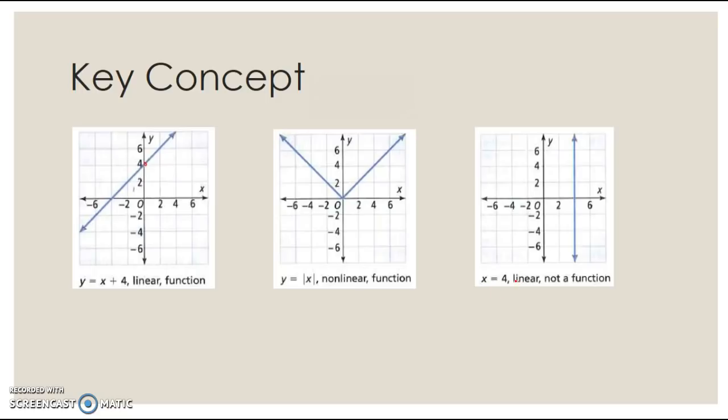So it is linear because it is a line, but it's not a function because the x values have more than one y value. Remember, we could look either at the table or at the graph, and if we look at the graph, it should pass our vertical line test. Well, if I draw a vertical line on a vertical line, then it's going to pass through every point, making it not pass the vertical line test.